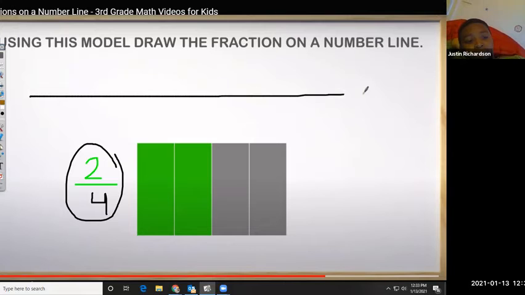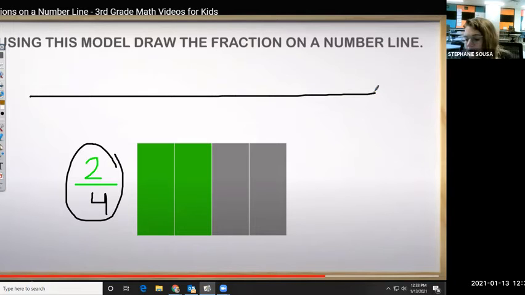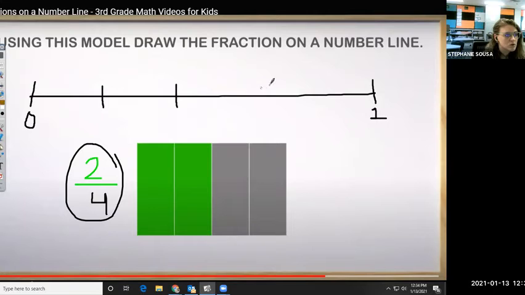So when I draw my number line, step 1, draw the whole thing. So this is 0, this is 1. Step 2, draw the partitions. I need 4 spaces. So in my head, I think this would be about 1, 2, 3, and 4.